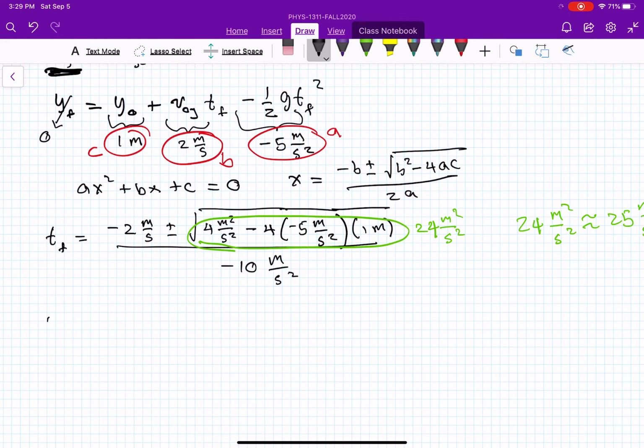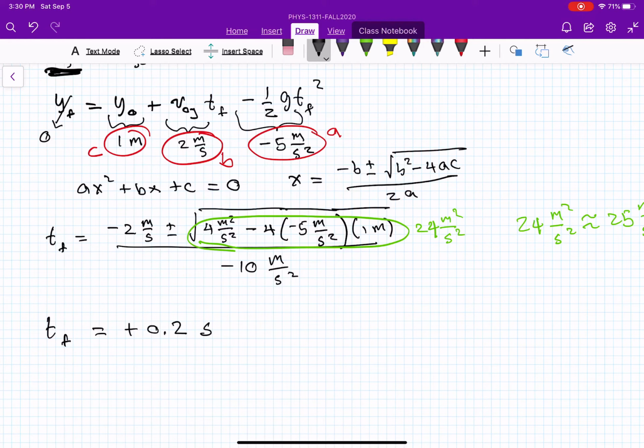So I've got t sub f equals minus 2 over minus 10. So that's plus 0.2. And then the units, let's see, I've got meters per second divided by meters per second squared. So all of the units are going to work out. This is going to leave me with the seconds upstairs.